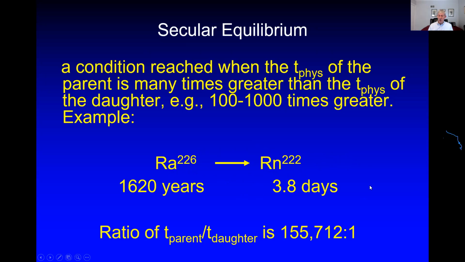And look at the huge difference in the half-lives. This is 1,620 years. This is 3.8 days. That ratio is almost 156,000 to 1. And so what we're expecting to see during 10 half-lives of the daughter is essentially 0 decay of the parent.